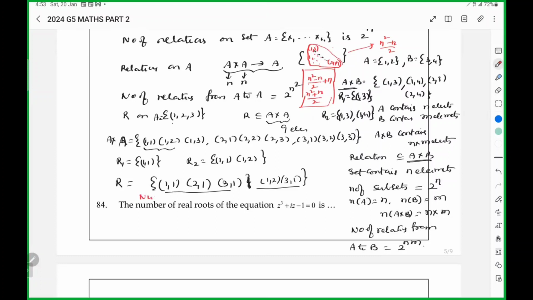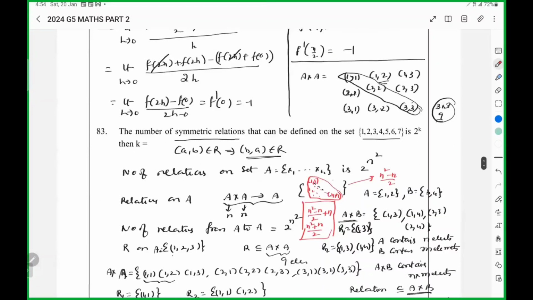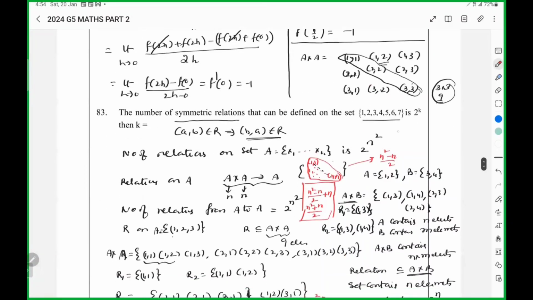So number of symmetric relations is 2 power (n square plus n) by 2. Now here, finally, 7 elements are there. What is the answer? 2 power 7 into (7 plus 1) by 2, 2 power 28. Answer is 28.